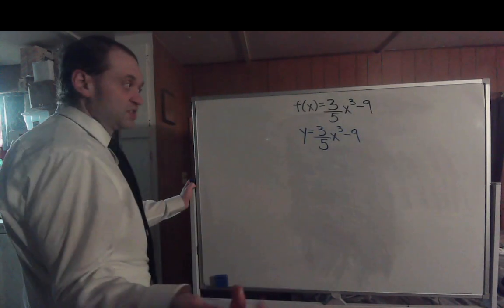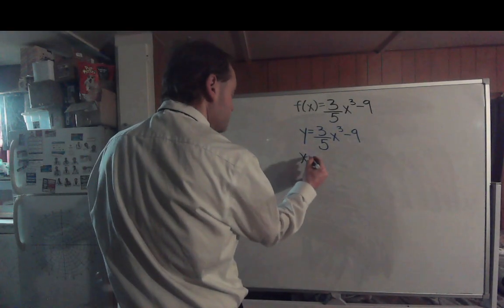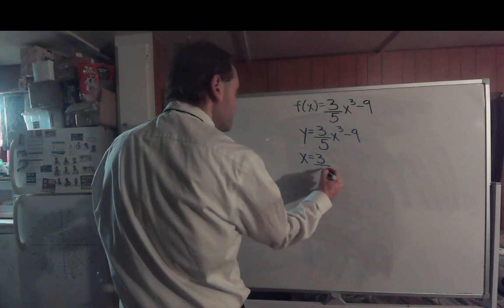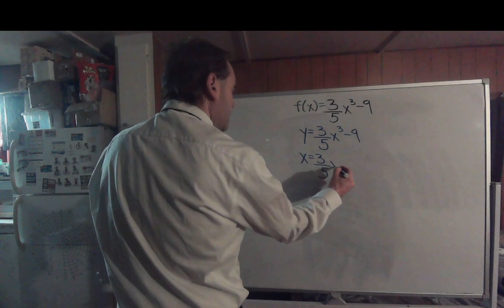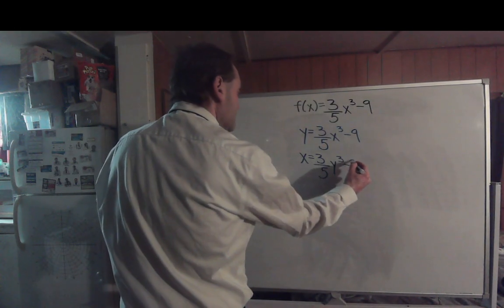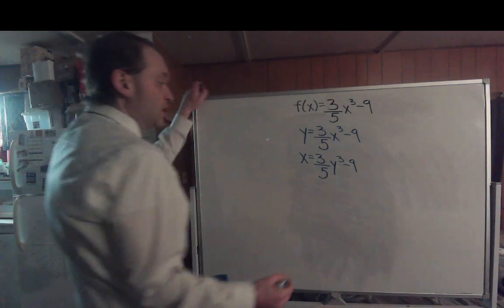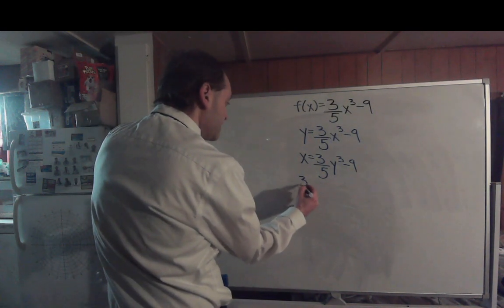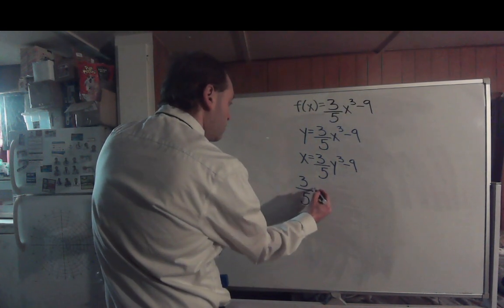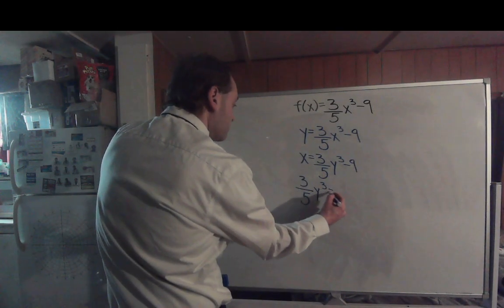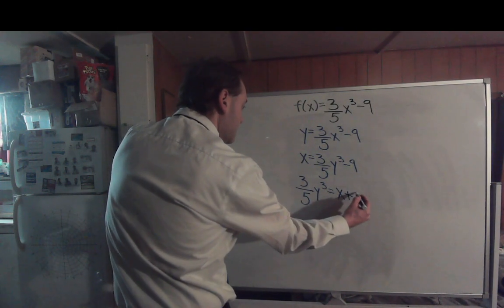Now switch places with your x and y, so x would equal 3/5 y to the third minus 9. All right, so then 3/5 y to the third equals x plus 9.